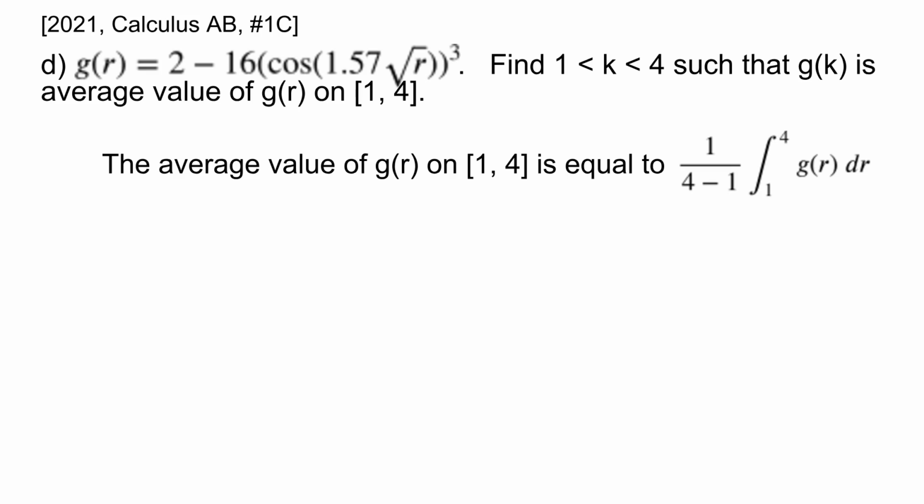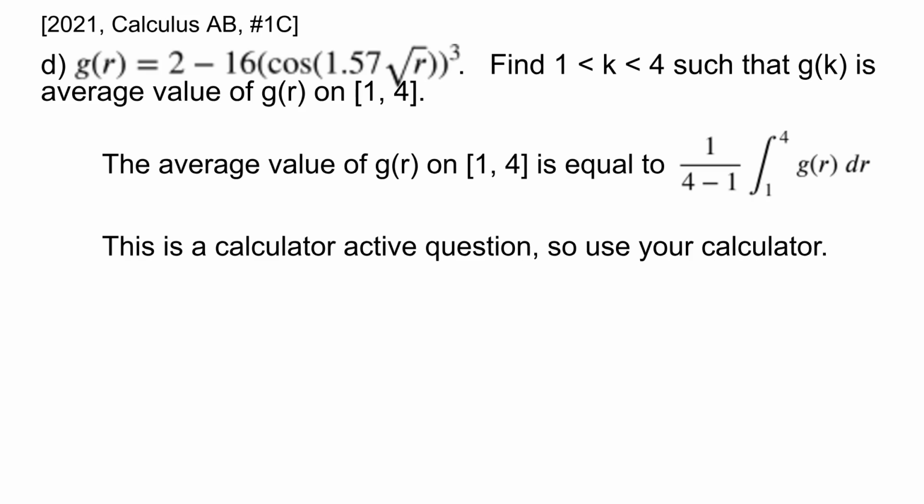So in order to find the value of k, such that g of k is equal to the average value of g of r on the interval from 1 to 4, we actually have to know what the average value of g of r is on the interval from 1 to 4, which we can obtain by calculating 1 over 4 minus 1 times the integral from 1 to 4 of g of r dr. And since this is a calculator active question, we're going to use our calculator.